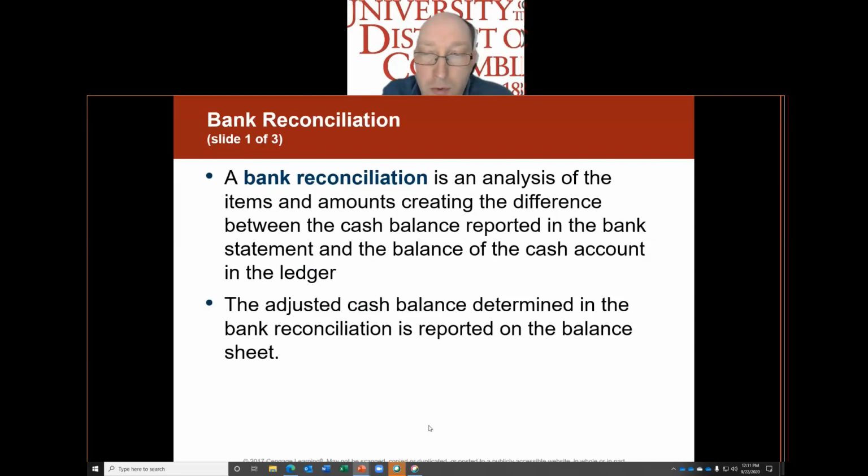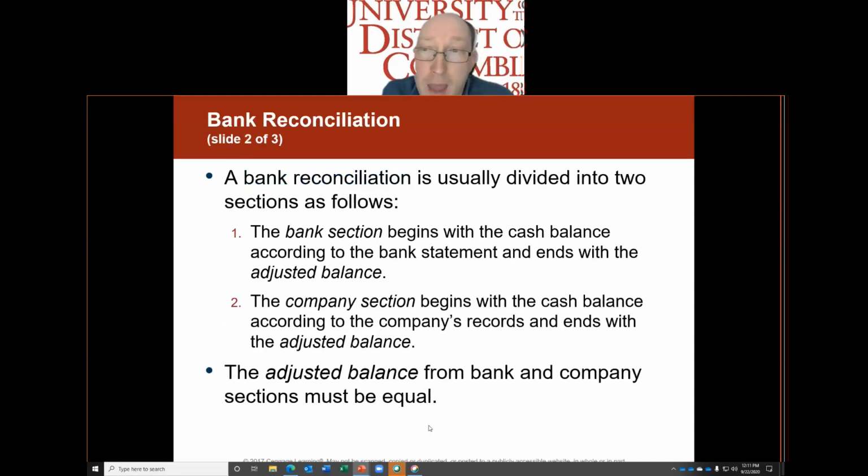So what we're doing is matching the transactions from the bank statement to the accounting ledger to validate that the transaction has taken place and that what I am showing for cash on my ledger matches the cash balance on my bank statement. Does it make sense? Good?